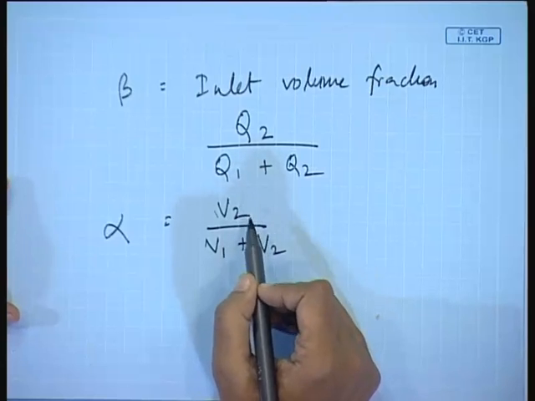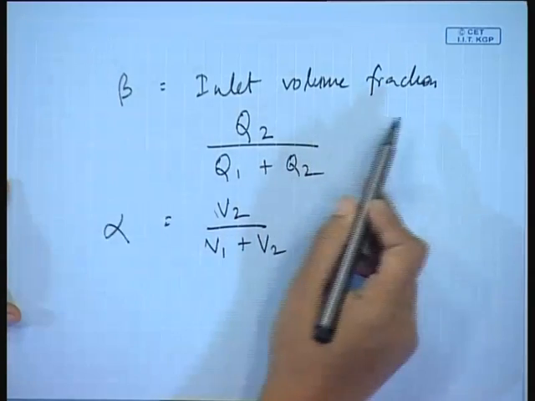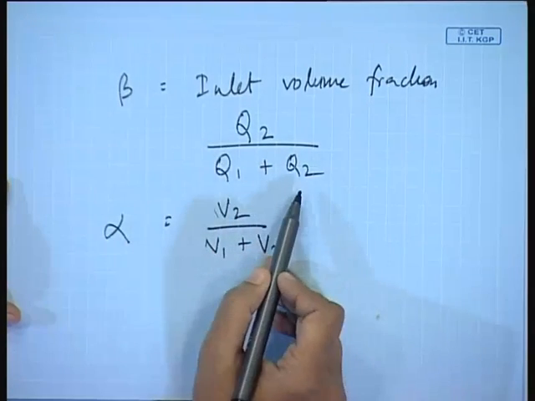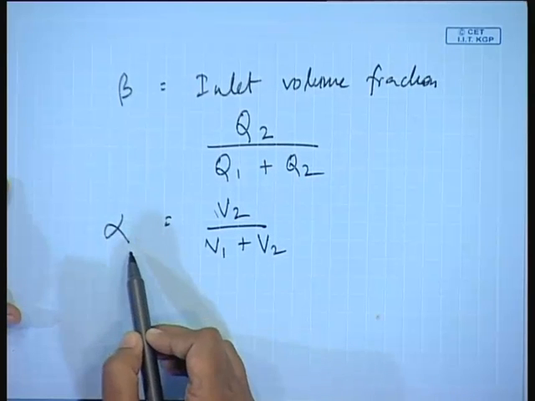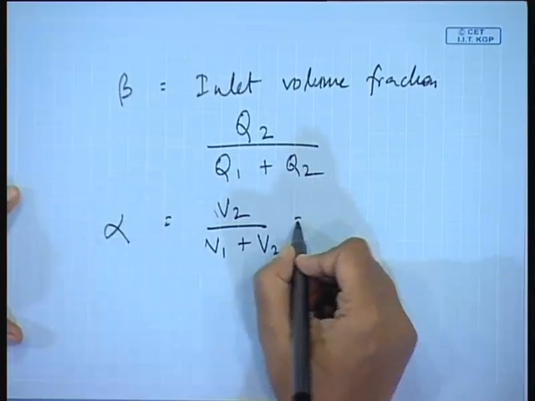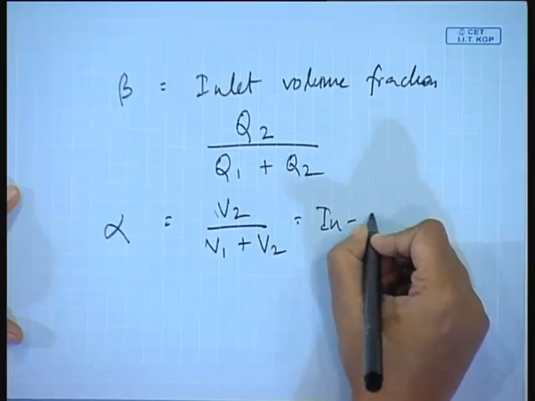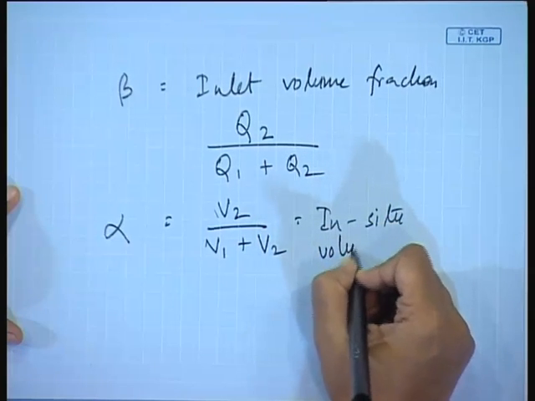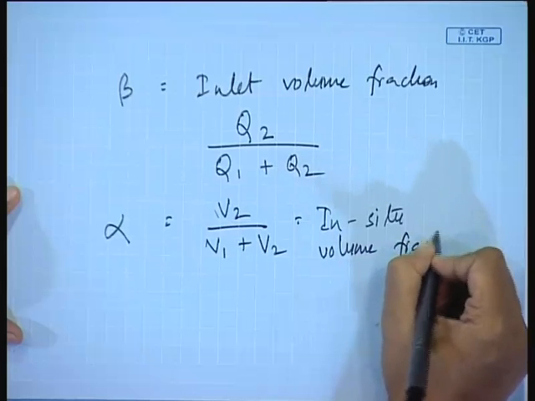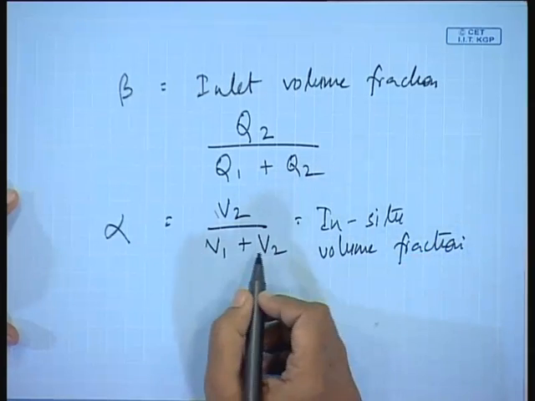So, the inlet volume fraction is defined in terms of the volumetric flow rate, whereas the in situ volume fraction is defined in terms of the volume occupied inside the actual cross section.